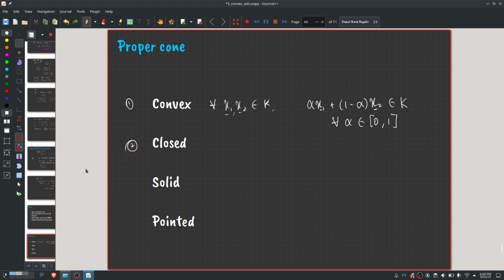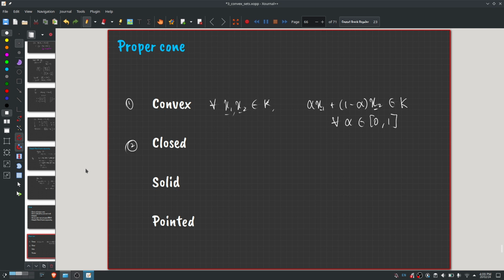Can you give me an example of a cone which is not closed? If it is not closed, then you can find a sequence of points that converges to a point outside the set.